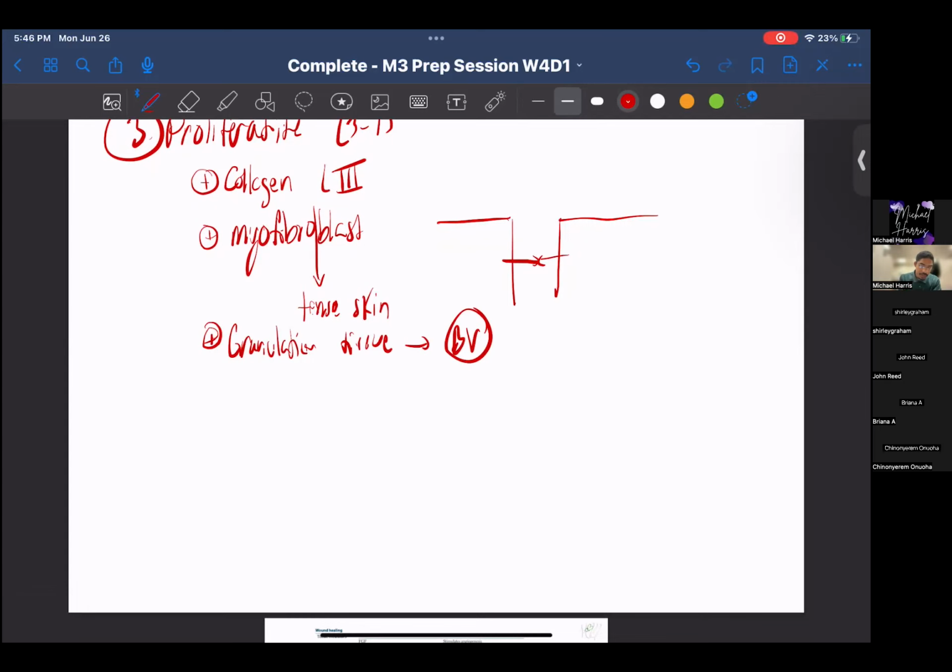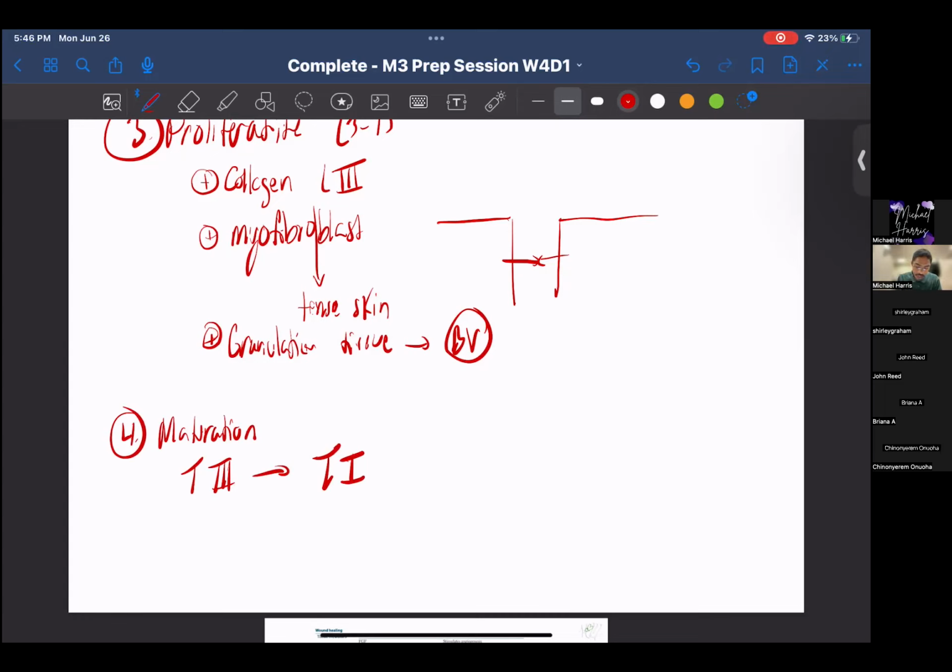Now, the last thing that happens in stage 4, this is just the maturation stage. This is when we take type 3 and it becomes type 1. Okay? This is essentially what ends up happening at this stage. You're taking type 3, changing it into type 1.